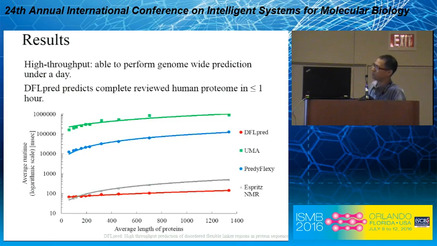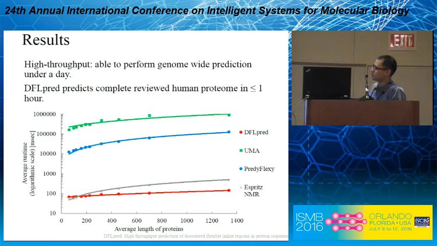Our method is also characterized by a very fast runtime. In this plot, we compare our runtime with other methods, including the UMA method, to find the flexible linkers, and the predeflexy to find flexible residues, and one disorder predictor, the ISCB.